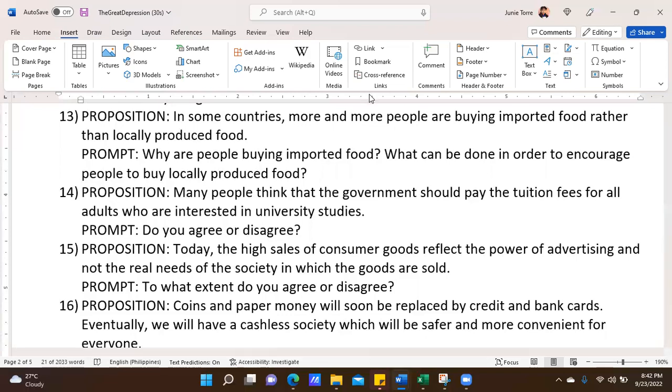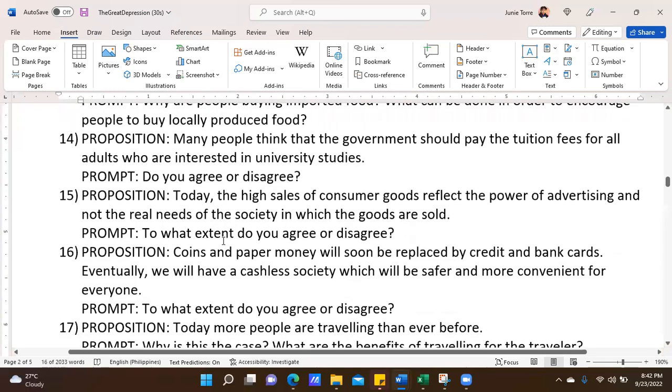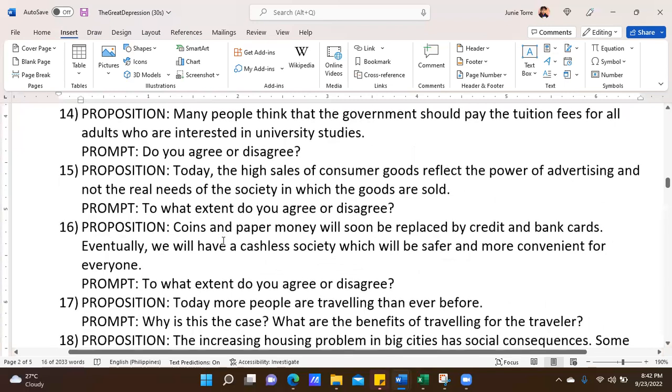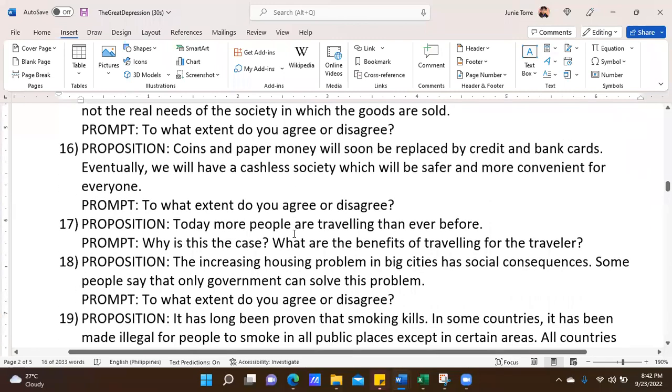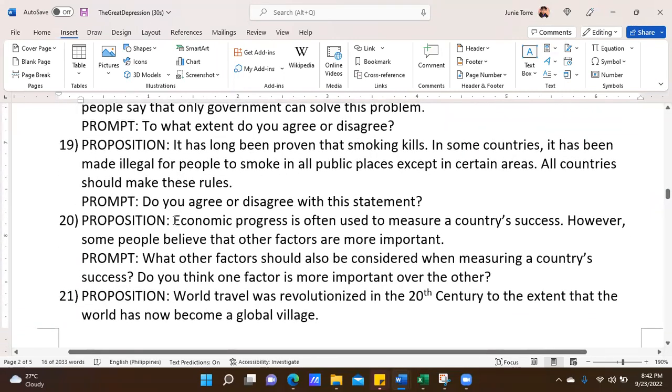Okay. More people are buying imported food rather than locally produced food. Syempre imported yun eh. Diba? Many people think that the government should pay the tuition fees for all adults who are interested in university studies. All of that.